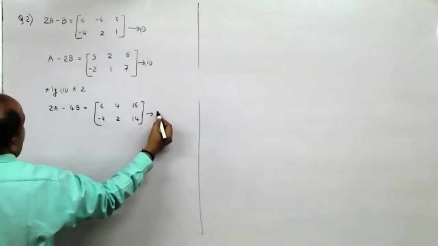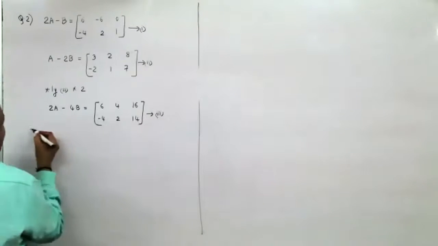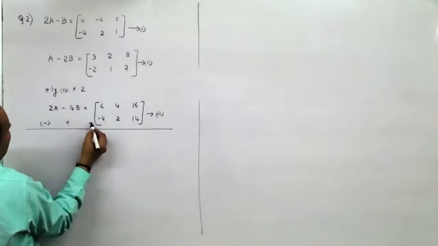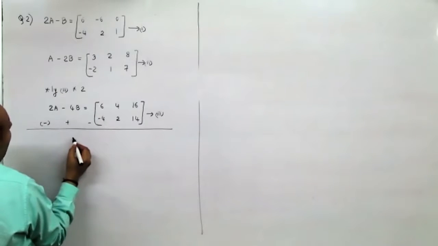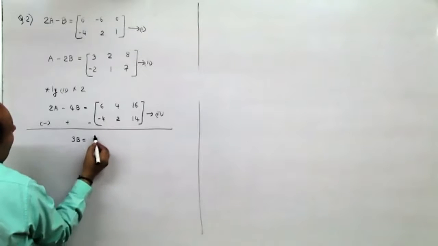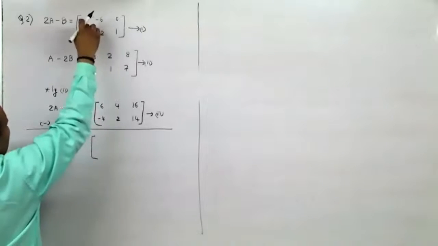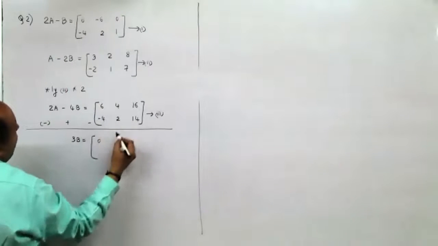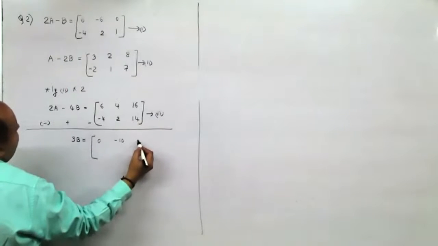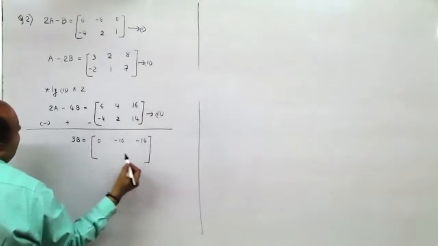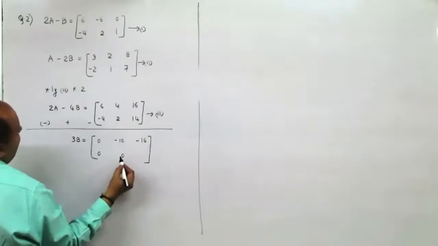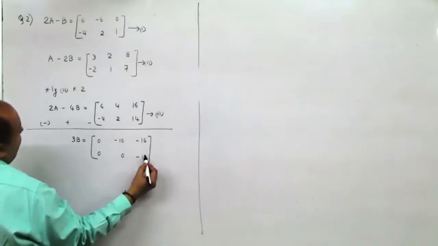Now this would be the third one. When you add it here, 2a, this is minus, this is plus, this is minus. So this would be 4b minus b, that is 3b. This would be 6 minus 6, that is 0, minus 6 minus 4, that is minus 10, 0 minus 16, that is minus 16, minus 4 plus 4, that is 0, 2 minus 2, that is 0, and 1 minus 14, that is minus 13.